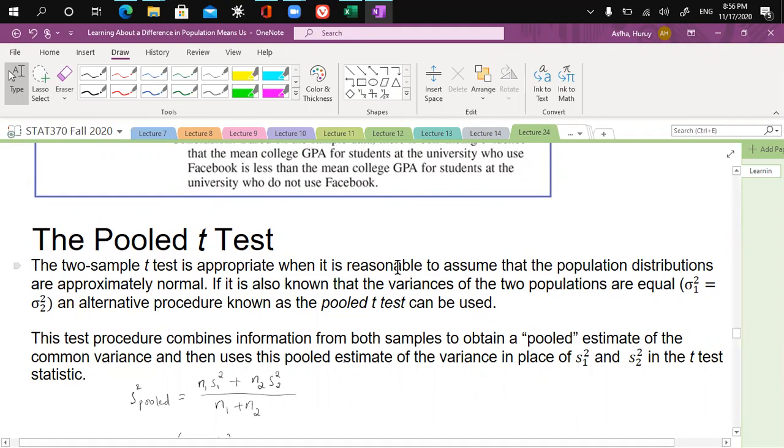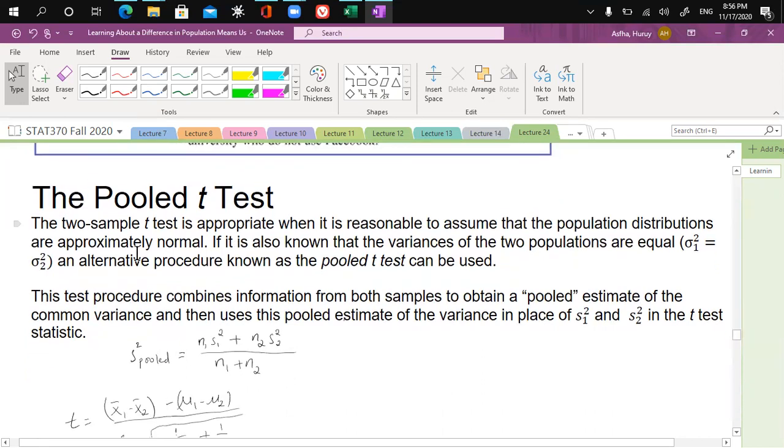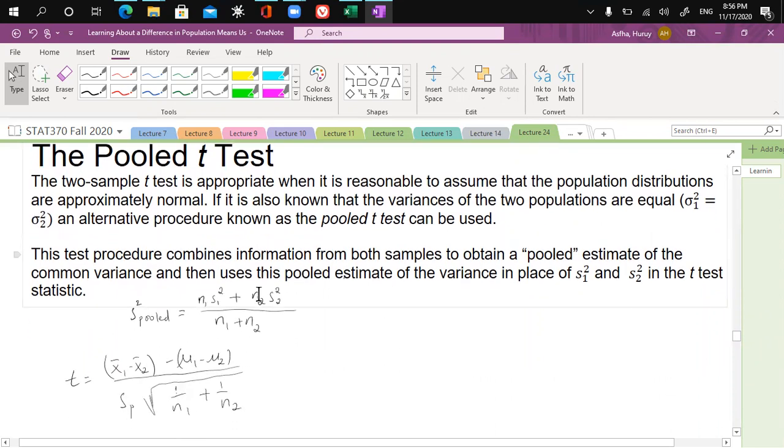If we have a reason to believe that sigma 1 square and sigma 2 square are the same, then we can calculate a common estimator to both of them, because if they are equal, I need one estimator. We don't need S1 square and S2 square, because we are saying they are the same. Sigma 1 and sigma 2 are the same. But these two numbers may not be the same, because we are calculating them from the sample data.